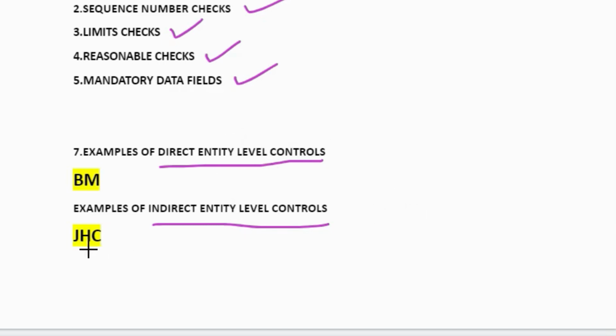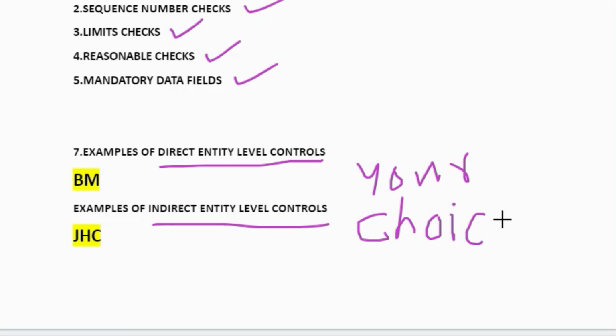Next, indirect entity level controls. What are the examples? JHC, J for job roles and responsibilities, H for human resource policies, C for company code of conduct. This question was given in the last attempt in November 2022. Less chances to be given in May 2023.